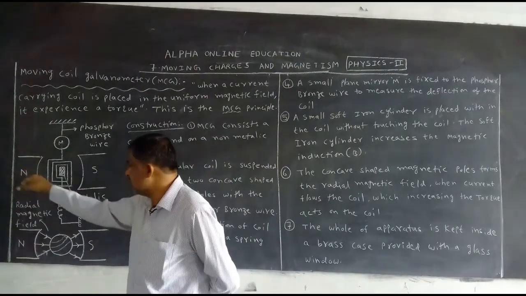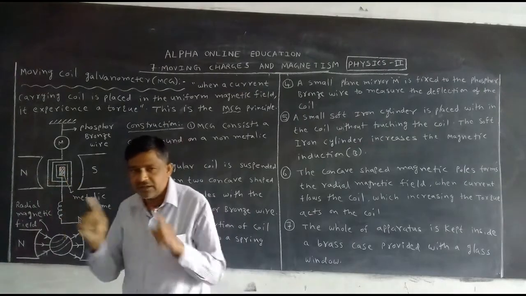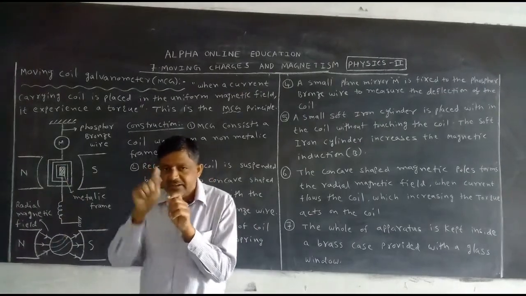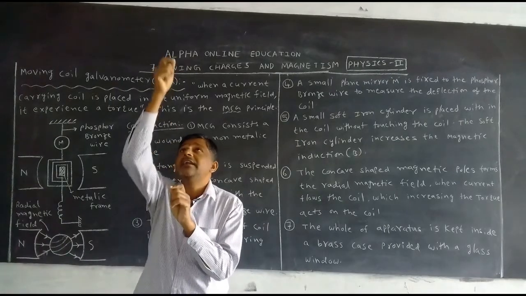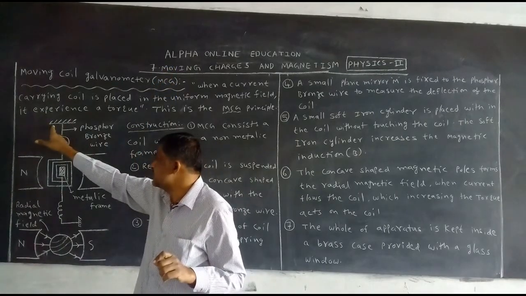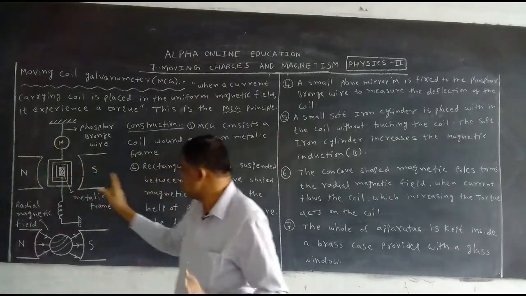These are the concave surfaces of the magnetic poles. The frame is wound by the phosphor bronze wire and taken from one rigid support with one mirror.